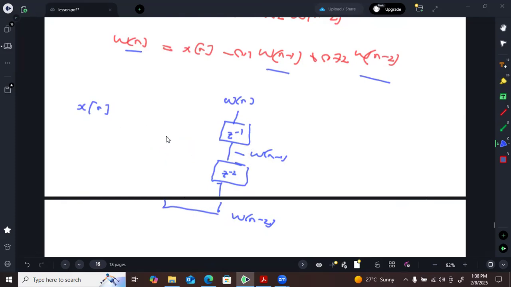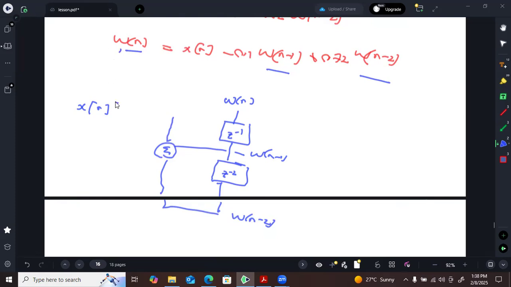We have them here. Now, once I have that, I have the xn.